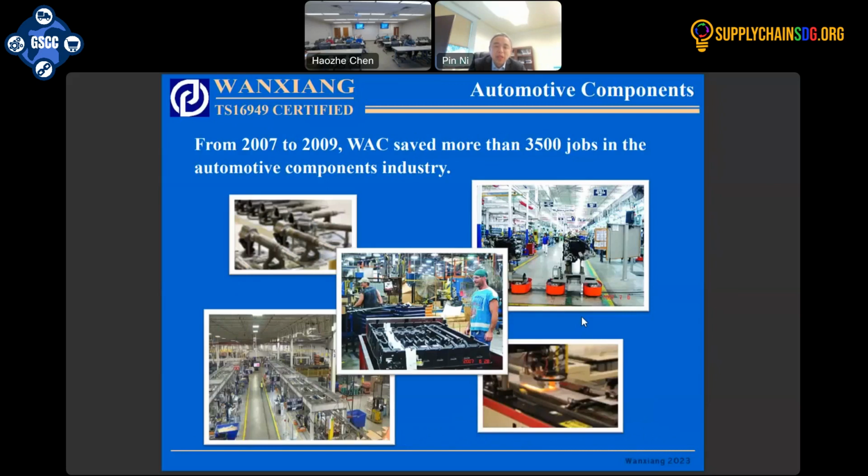One recognition that Wanxiang has received in the United States is as a job saver. When the USA ran into economic recession back in 2008, 2009, we bought quite a few automotive component suppliers who at that time either went into bankruptcy or liquidation.